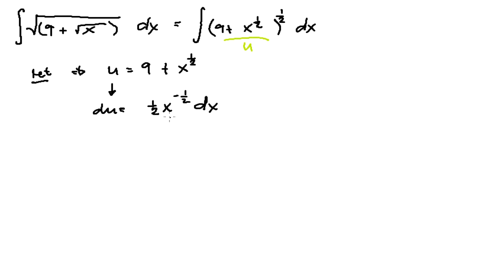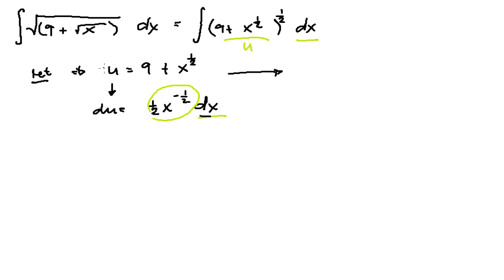So you can see here, instead of having our dx, we have also a complicated part, which is x raised to negative 1/2 dx, and we don't have that in our original integrand. So let's try to think of another way wherein we can find only the dx.